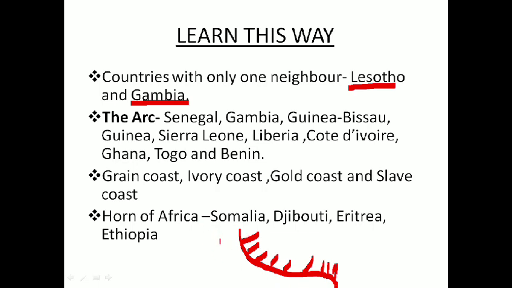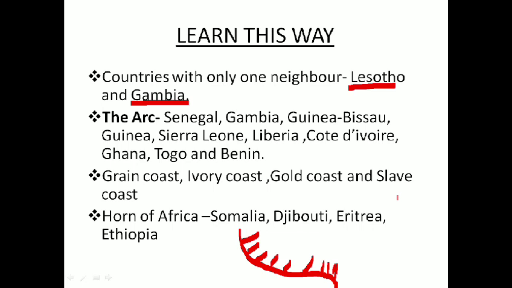So in this way, you can remember this set of smaller countries. And interestingly, in Africa, there are a lot of similarities. Say we have Guinea, one country, and Guinea-Bissau, another country. We have Niger, one country, Nigeria is another country.